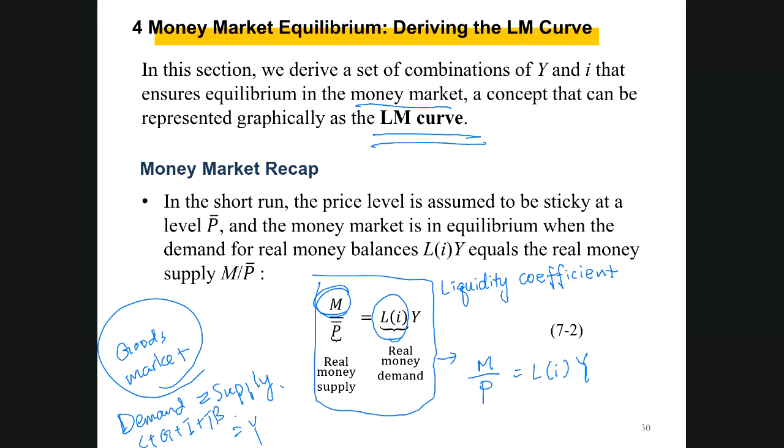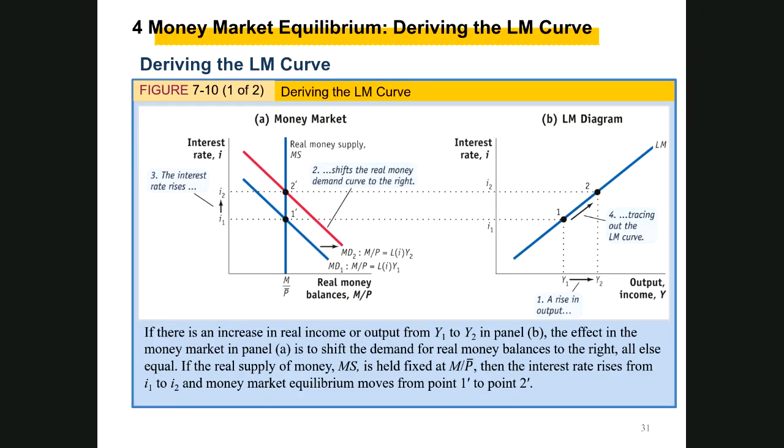Because people have the incentive to hold money because they want to make transactions, right? And if the interest rate is higher, the liquidity demand will be lower, right? Because if the interest rate is higher, the cost of holding the money is higher, so the liquidity will be lower. So the LM curve in the i-Y space will be a positive line, like this.